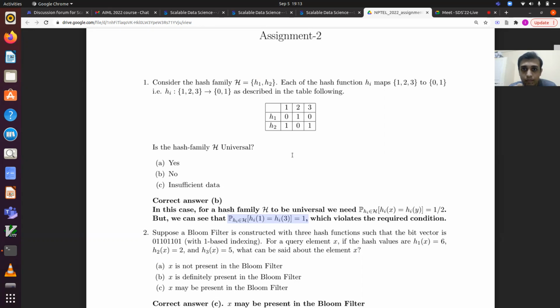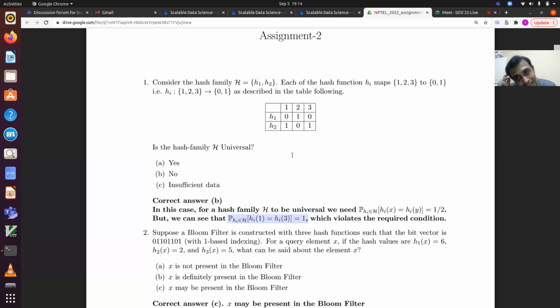Sir, suppose there are 4 elements and there are 3 hashes: elements 1, 2, 3, 4 and H1, H2, H3. Then what would be the universal formula for hash family H? Suppose 5 elements are there. How will I do it? I will do it according to half only, 1 by 2. That is the formula.